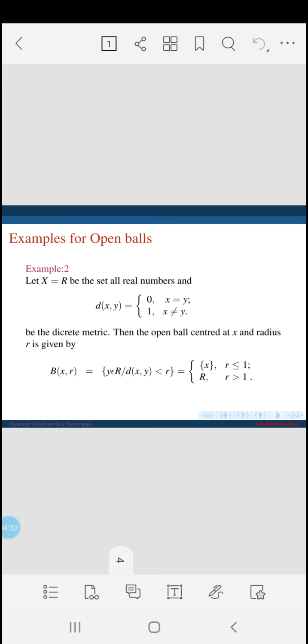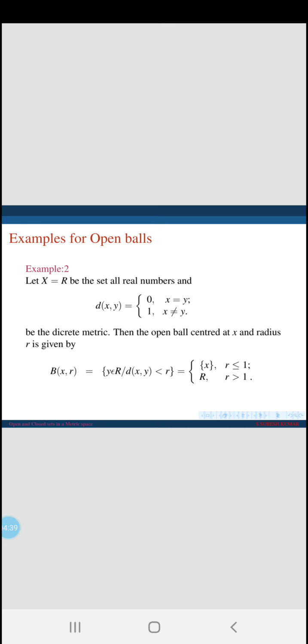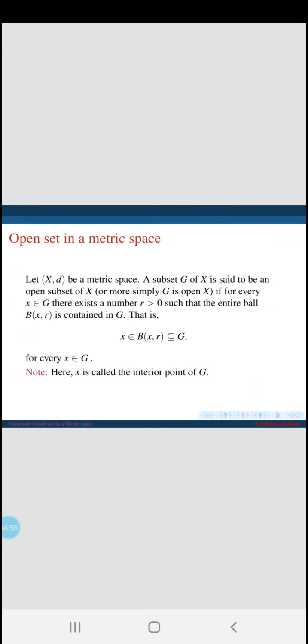Therefore, in this case, when r is greater than 1, B(x, r) is equal to the set of all real numbers. That is, y takes all the values of R. Therefore, B(x, r) is equal to the set of all real numbers. Next, we are going to see the definition of open set in a metric space.